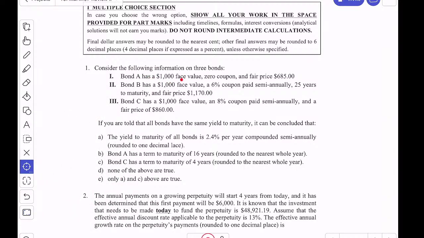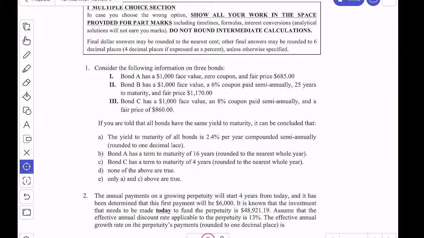Let's look at the information given and see what's asked about it. So in the first one, you have the face value, you know it's a 0 coupon bond, and you know its price.